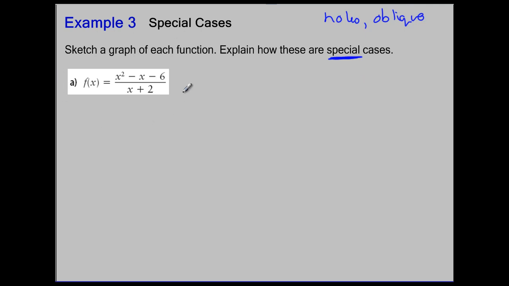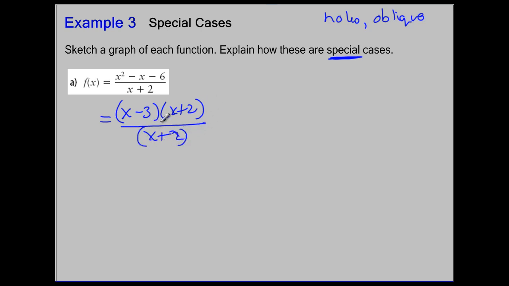So because we're looking at this as a rational function, we always want to factor and simplify as much as we can. So the numerator in this case factors to become x subtract 3 and x plus 2 over the original denominator, which is x plus 2.